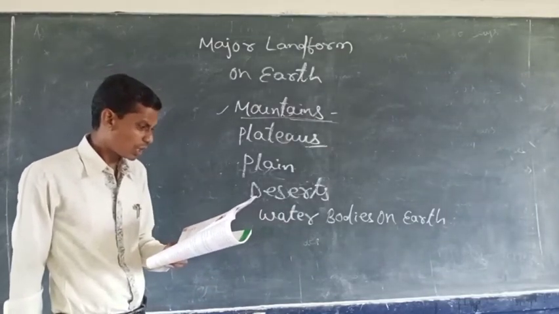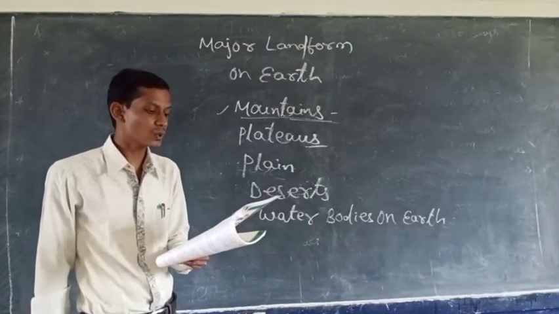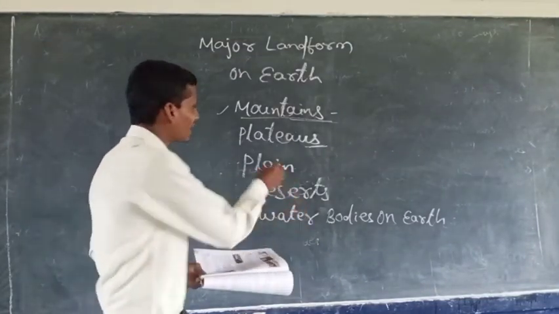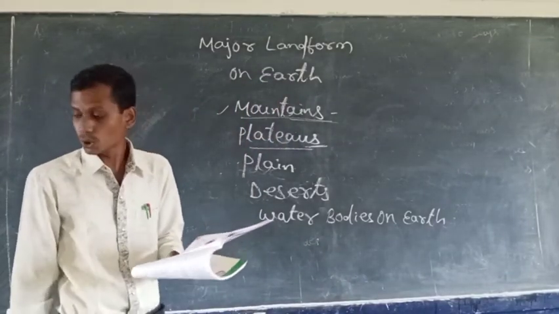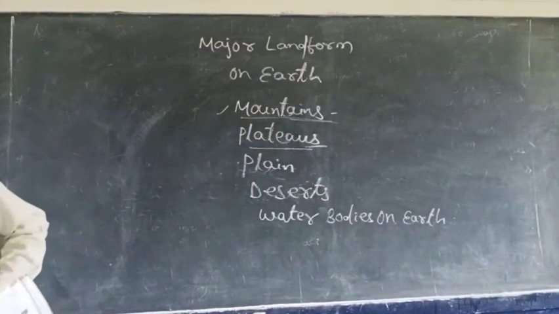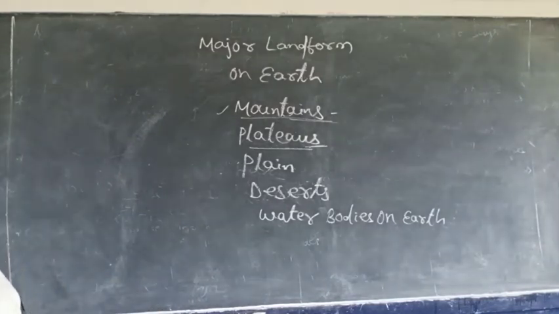It has a rocky and uneven surface. A plateau is also called a tableland, and it appears like a table. That's why it is known as a tableland also.